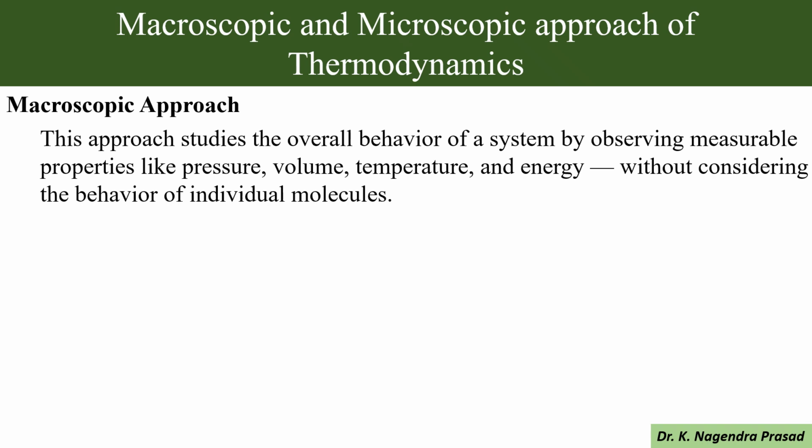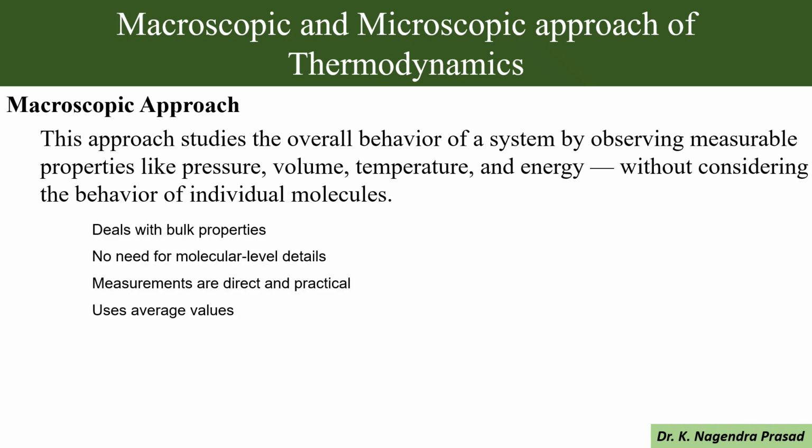So in the macroscopic approach, we are studying the behavior of a system by observing certain properties, that is pressure, volume, temperature and energy, and we measure these properties without considering the behavior of individual molecules.